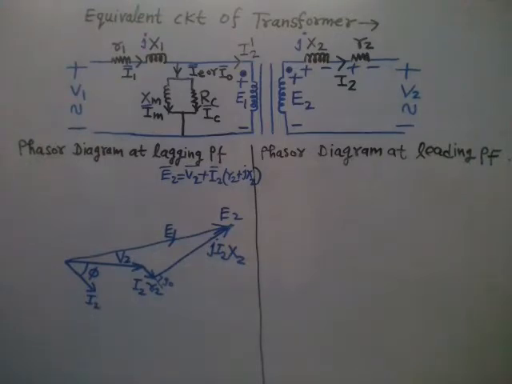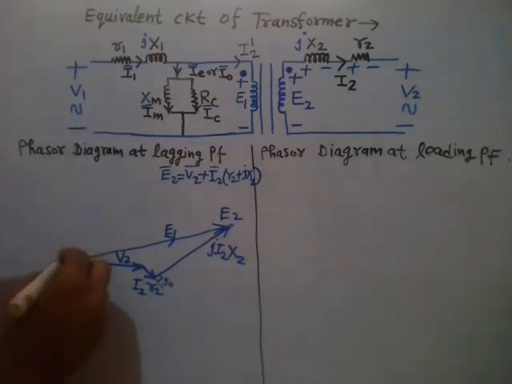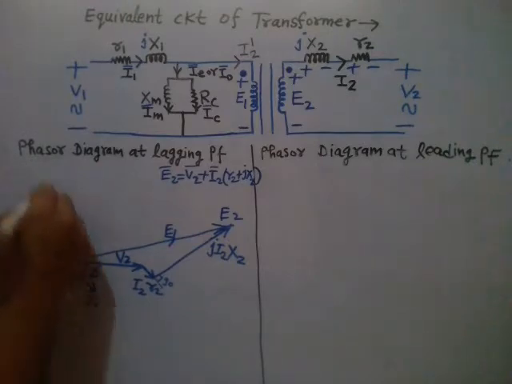Since induced EMF comes from the flux, right? d phi by dt will give you the induced EMF. So that means flux will lead the induced EMF, right, by 90 degree, like this.